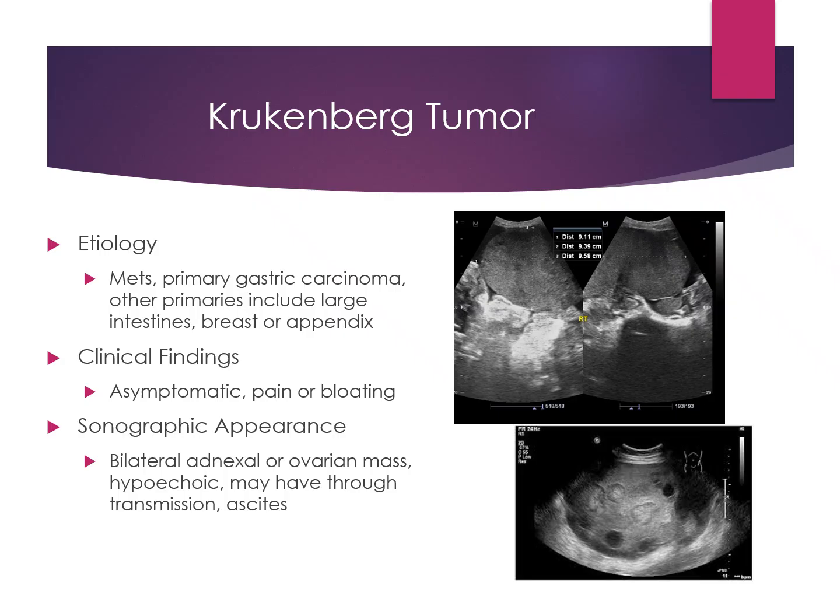And you'll see some bilateral adnexal ovarian masses. They're hypoechoic, and they still may have some through transmission, but they're not going to be super pretty. If you can see here, we've got some mets throughout here. Those are going to be our Krukenberg tumors.